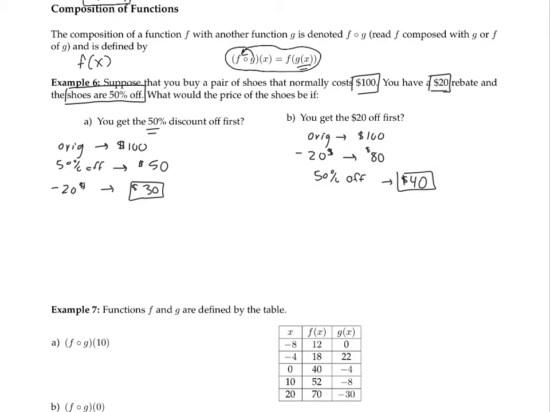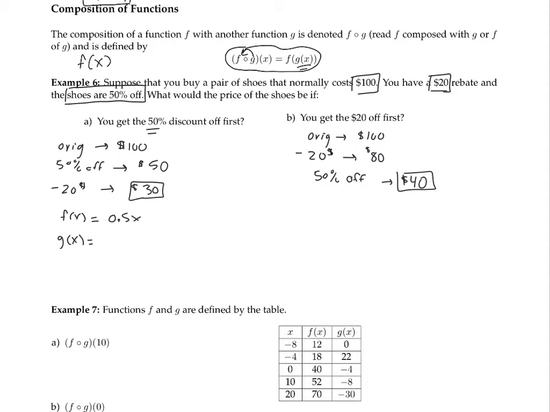And how that translates into function notation: suppose that your f of x is 0.5x. What's that function doing? That's giving you half the original price, right? 50% off. How would you represent taking $20 off as a function?